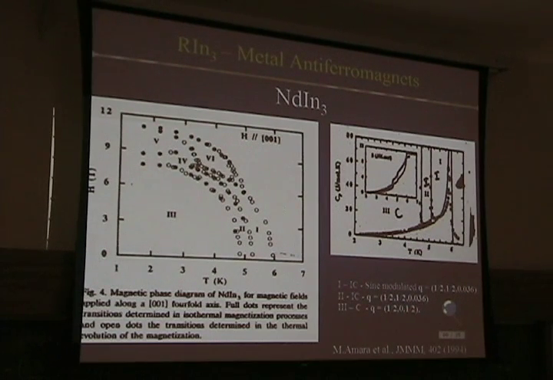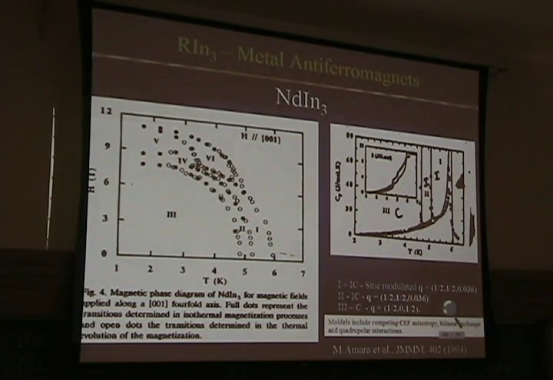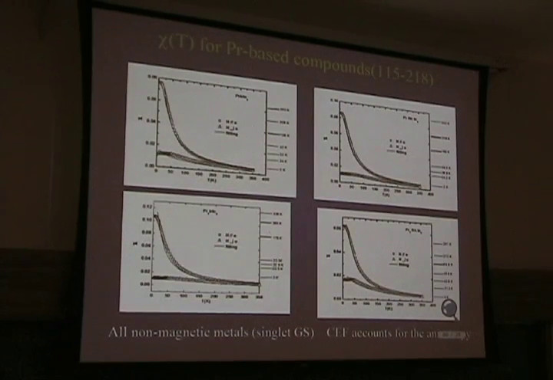Well, but this evolution can be modeled with this solid line there, just including the crystal field anisotropy and exchange and quadrupolar interaction. So it's all local physics. You can explain this complex phase diagram. Well, let's see what happened to the praseodymium 115s.